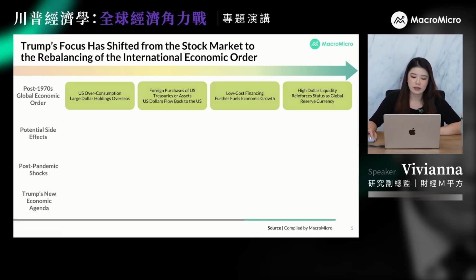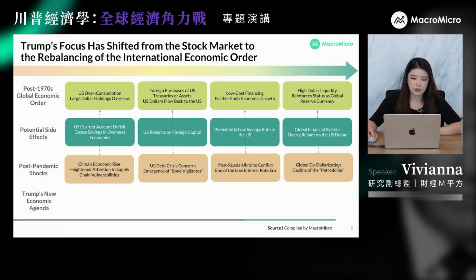So in recent years, several shocks have forced the US to recognize this need. After the pandemic, global de-dollarization has been fueling up, and we're also seeing the end of the zero interest rate era take an impact. So for a low-saving economy like the US, this means that the US needs to find new sources of investment fuel.